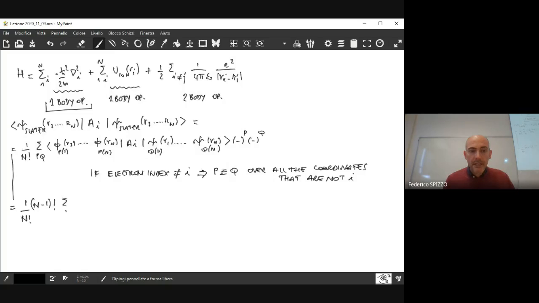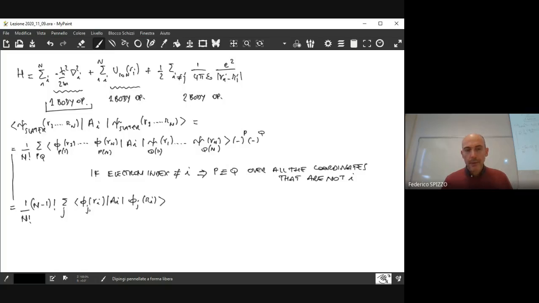Then what is left is that we have a summation here over coordinate I, over level J. All the possible permutations over the I index give us the opportunity to access all the possible levels.